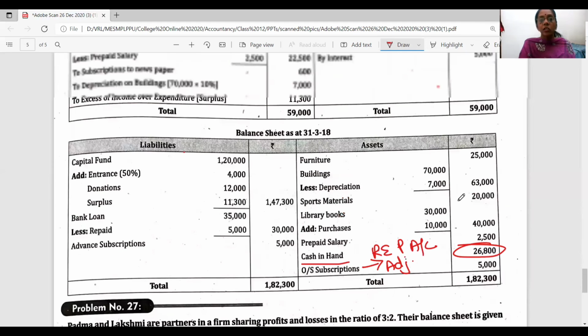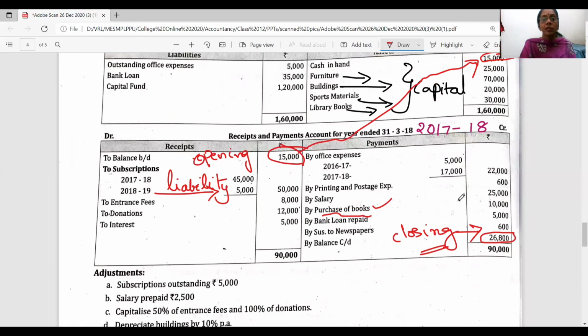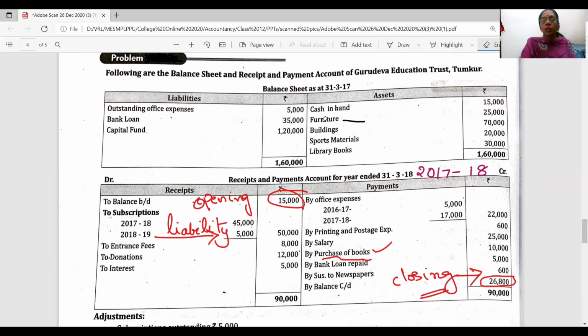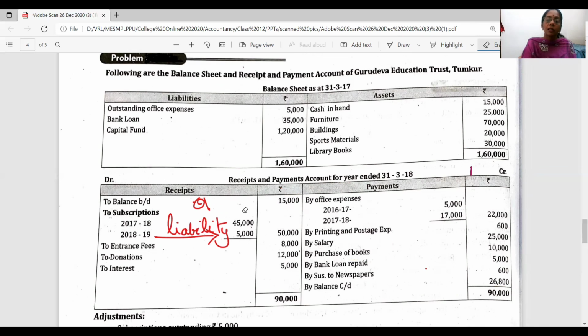You can go for a screenshot on this one question. If I could take out all these writings of mine, you can work on it and look at the video lecture once again so that you are able to make out as to how the preparation of both income and expenditure account as well as balance sheet would go ahead. And practice more number of sums with the question banks given in the PU board website, and you will be able to get the sum easily in your particular examination.